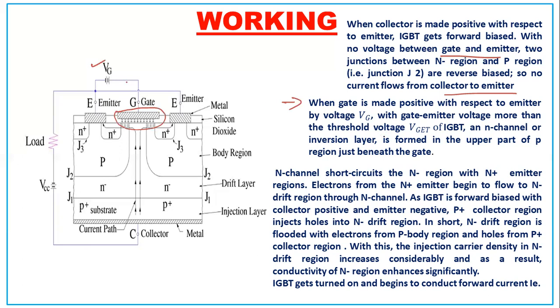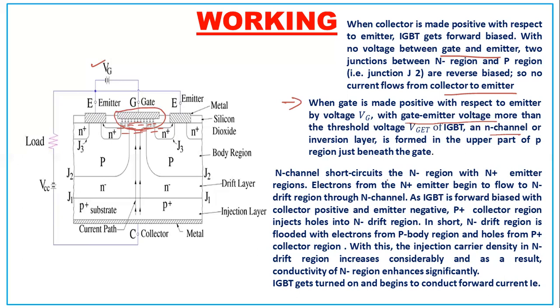So when this VG is made greater than VGT, that is the threshold voltage, the minimum voltage required for getting polarized, an N channel or inversion layer is formed. You can see here an N channel is formed, an inversion layer is formed in the upper part of the P region just beneath the gate. So here you can see, the electrons can move from one point to another.